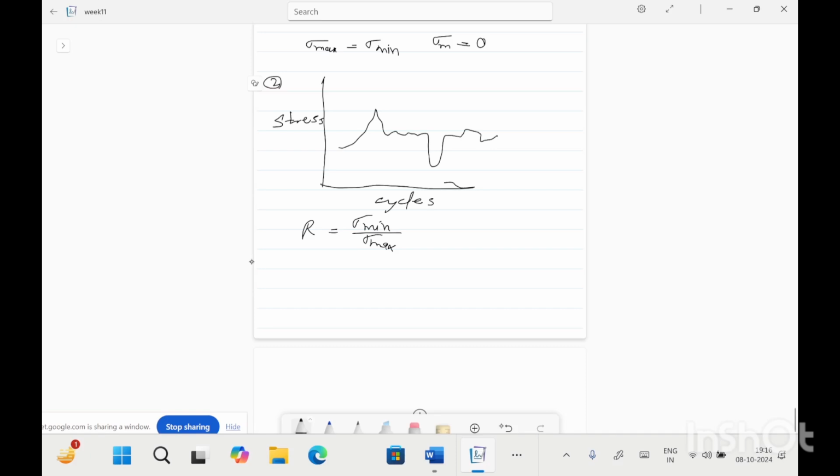And there is also one more term which is called the amplitude ratio, which can be written as capital A, meaning sigma A by sigma m. This also can be written in terms of the stress ratio.